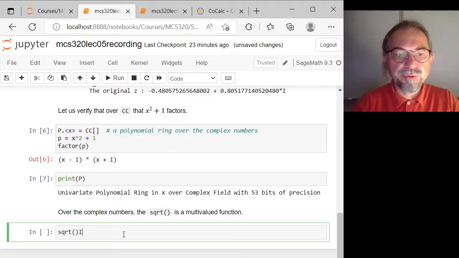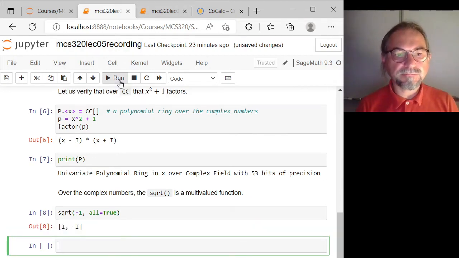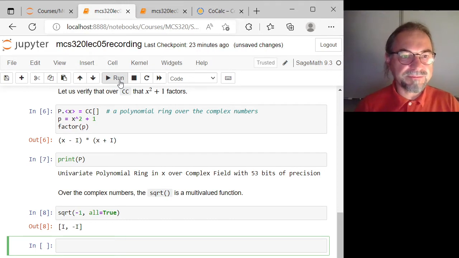I'm going to compute the square root of -1 and ask to see all the roots. So the square root returns the capital I and the capital negative I. So it's not really correct to say that I is the square root of -1 because there are two. It's better to say that the capital I is the positive square root.